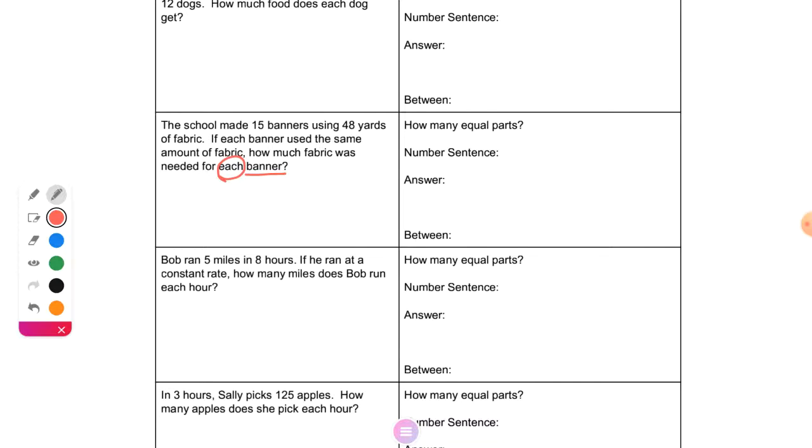Jalen, what about the label before each? Fabric. So that tells me I have to take fabric and divide it by banners. So we go back to the problem. Briley, what do I know about my fabric? There's 48 yards. What do I know about my banners? There's 15. So we take 48 divided by 15.